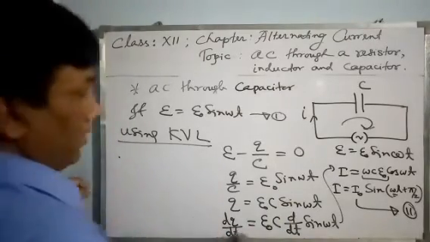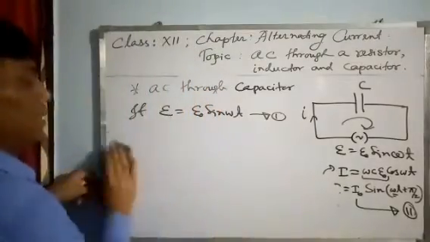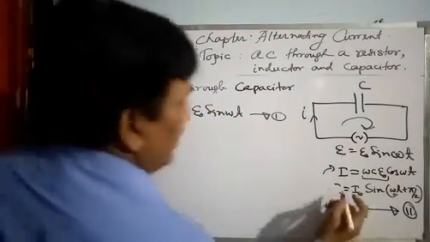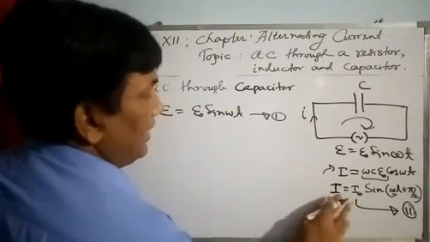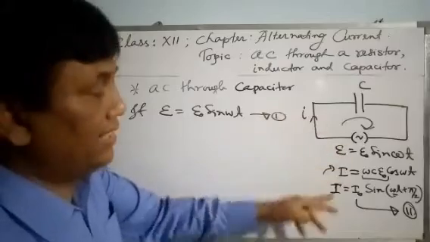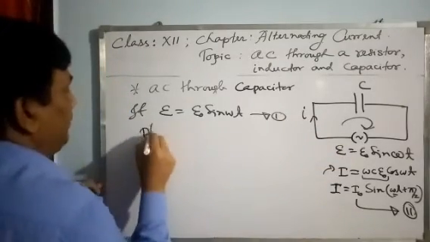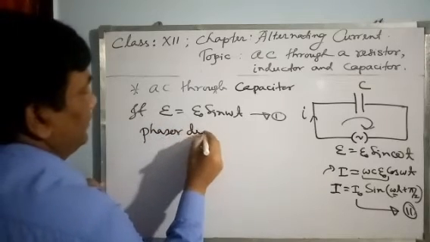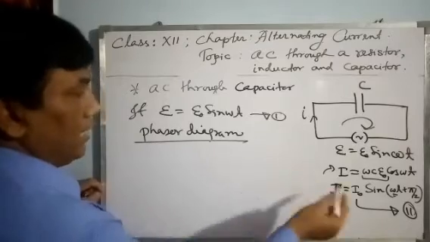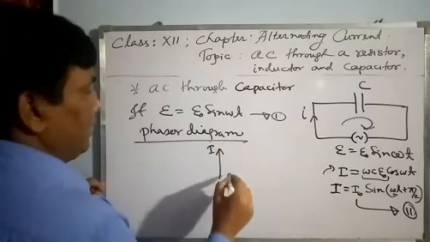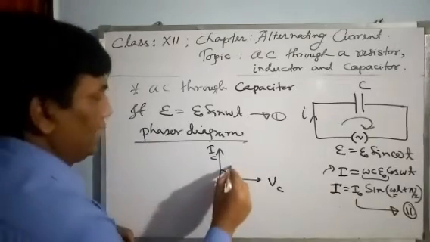Okay guys, let me draw the phasor diagram first. What will be the phasor diagram? Who is leading? Who is lagging? Here, is current lagging or leading? Leading. It is ahead of E. Phasor diagram: that is current, that is voltage, IC and VC, at 90 degrees.